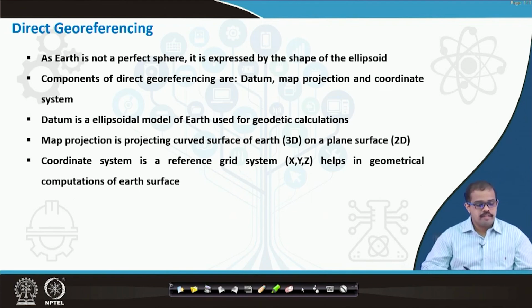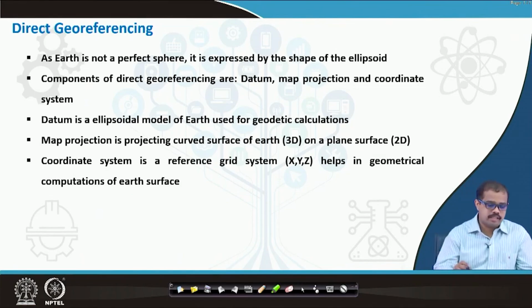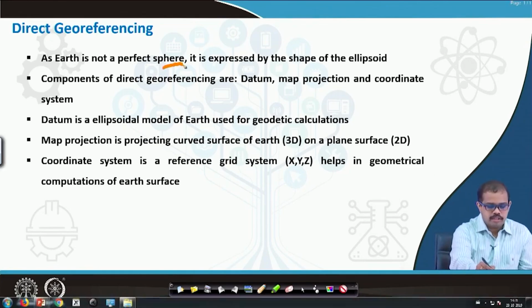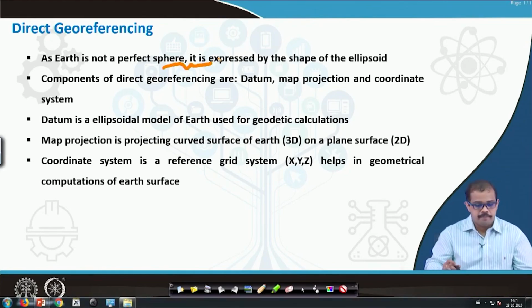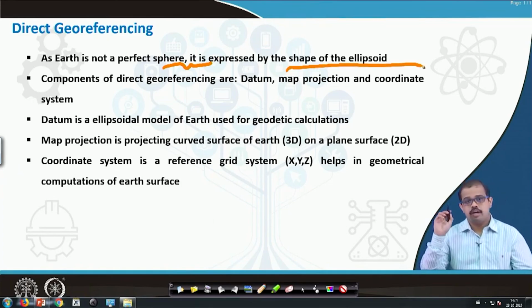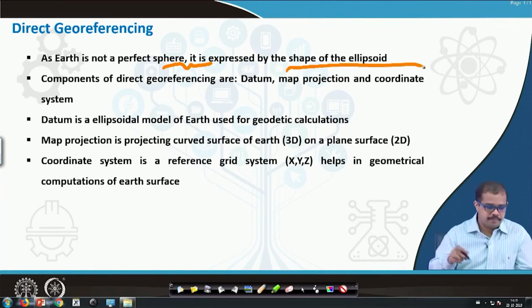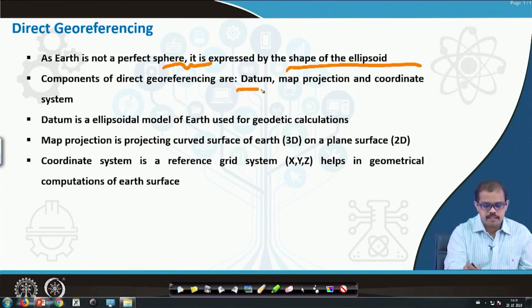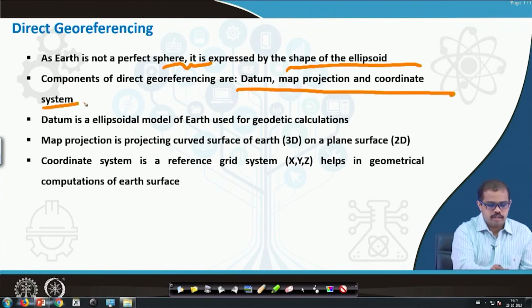So, direct georeferencing is defined, as I said, the first thing that it always looks at is the earth is not a perfect sphere. Okay. So, it goes into saying that earth is not a perfect sphere. It is expressed as the shape of an ellipsoid, okay, ellipsoid or a spheroid. Now, the components of a georeferencing map, please be extremely sure about this.